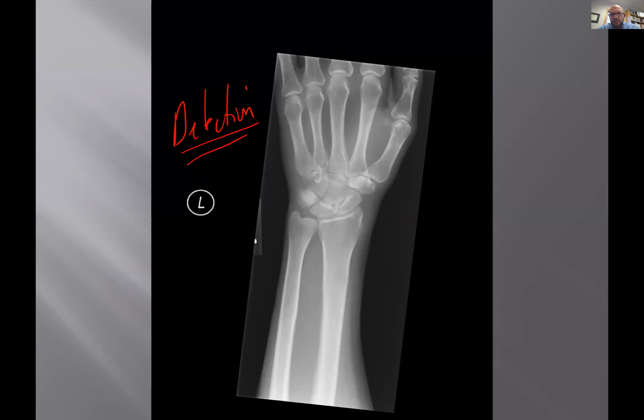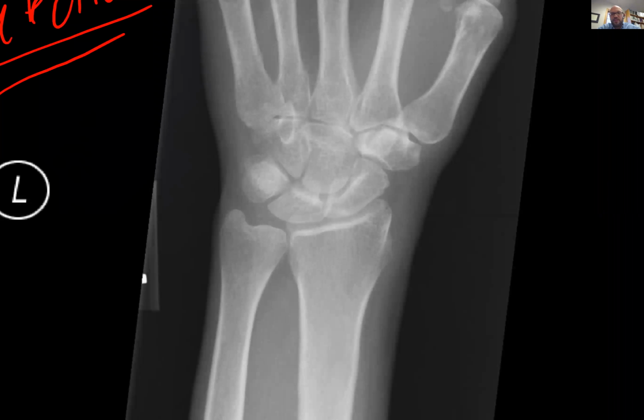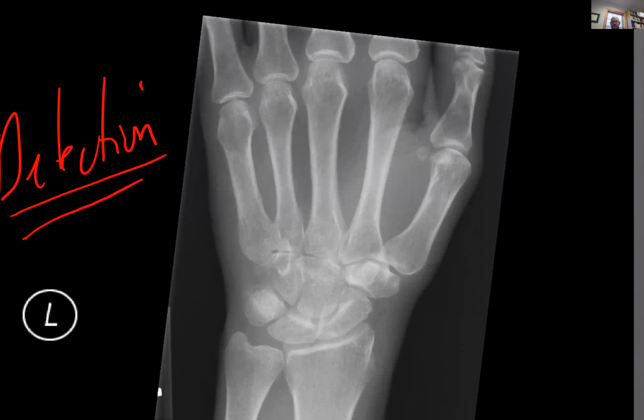All right, so I know you're still looking, but let me be nice and kind of do this. There you go. Thumb pain. The radial loosened in the thumb. Okay, what bone of the thumb?